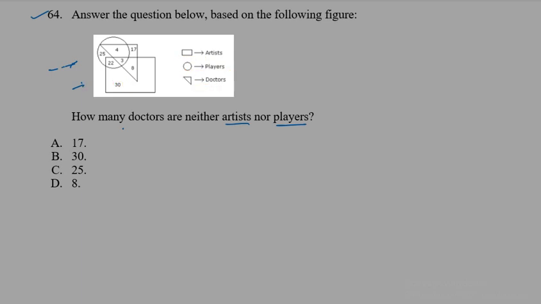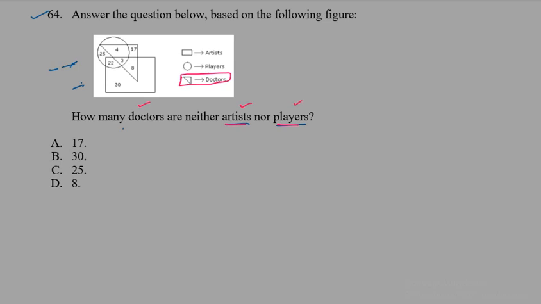Now let's check what is asked in the question. It says, how many doctors are neither artists nor players? So we need to find the doctors in the triangle who are neither artists nor players.